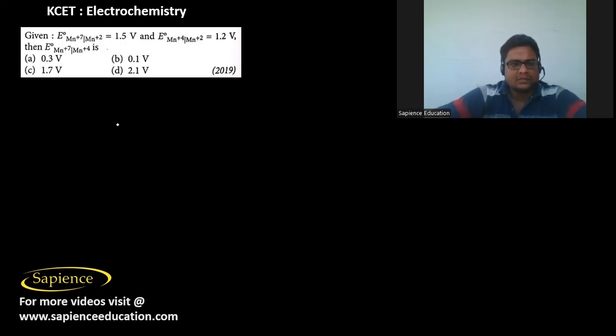Then here it is told, given that E naught Mn7 plus to Mn2 plus is equals to 1.5 volt. Here it is given the reduction potential for Mn7 plus to Mn2 plus, and E naught from Mn4 plus to Mn2 plus is given as 1.2 volt.